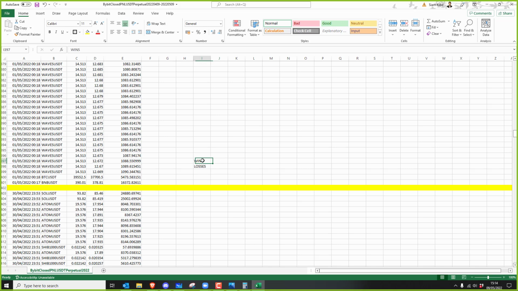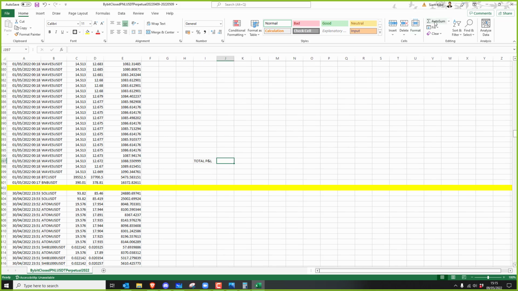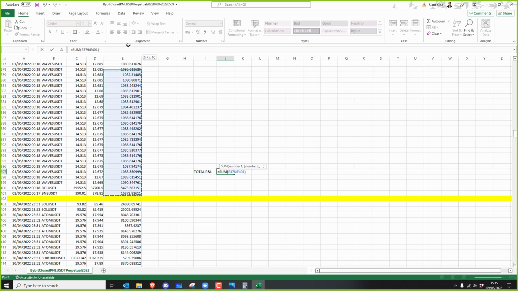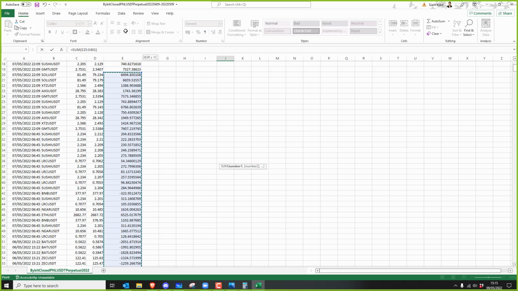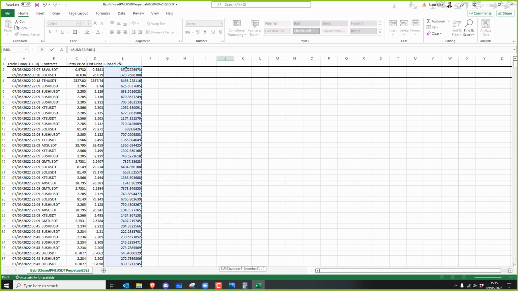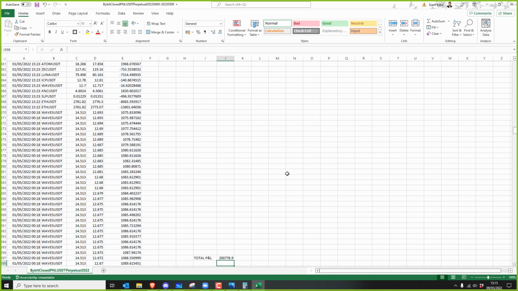Actually, just do total P and L, that's probably easier for this example. Open that up, click auto sum, and literally just get everything in May, and then enter. There we go.